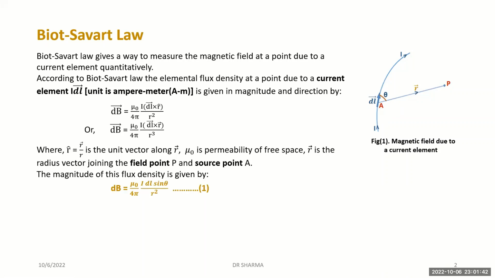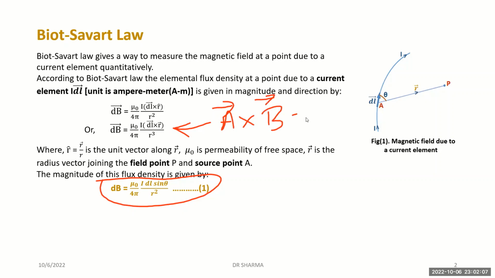The magnitude of this flux density is given by dB is equal to mu naught by 4 pi, I dl sin theta upon r square. You can easily get this formula just after using the cross product of two vectors.